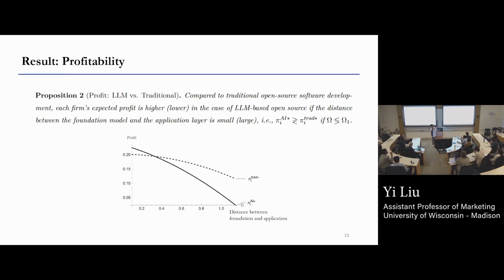So both effects give the firms a harder time compared to the traditional age, in the age of LLM-based open source. However, we do find that in some cases in the AI case, the profit of these developers can be higher. So why can two bad things contribute to a higher profit for these firms?